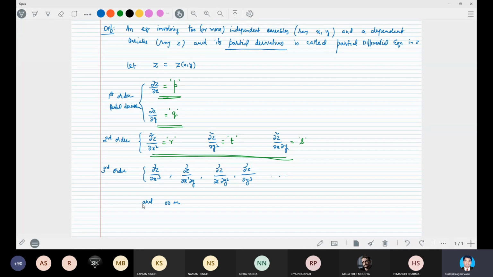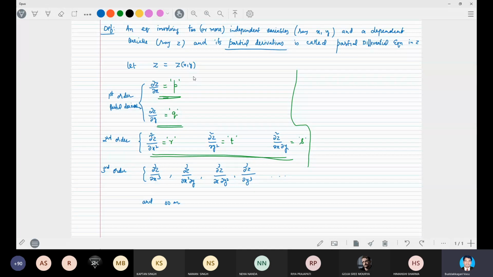So, can anybody say how we can denote the general form of the partial differential equation? The definition says an equation involving the partial derivatives and the variables is called a partial differential equation.